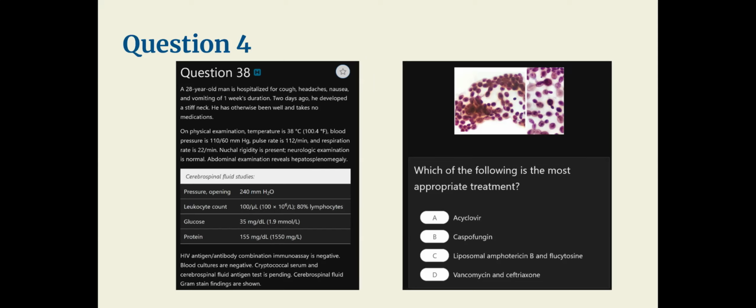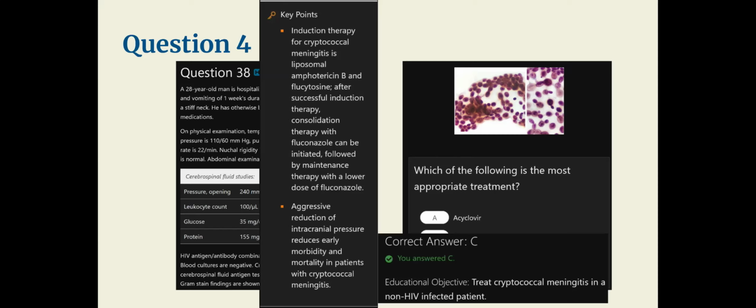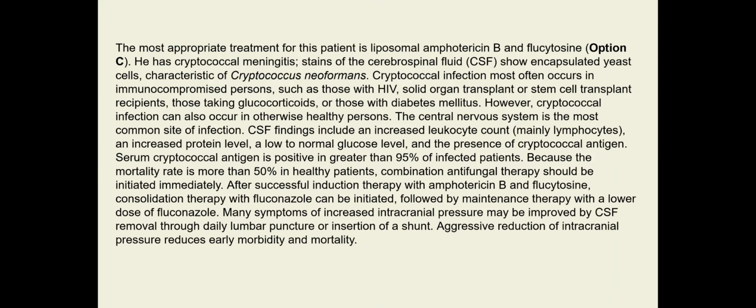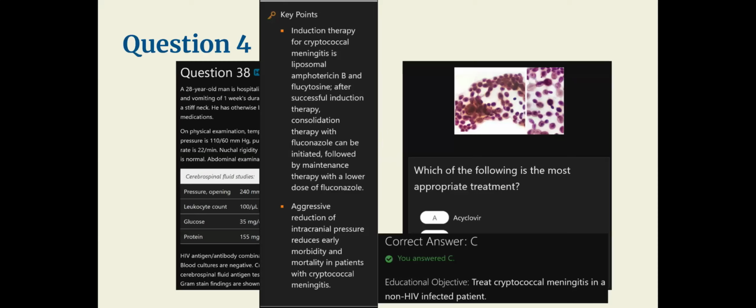Given that we can see clearly on the gram stain the budding yeast, it is most likely to treat with antifungals such as amphotericin B and flucytosine, as this is invasive fungal meningitis. Just a teaching point about the different antifungals. One of the testing boards, they love to ask about mechanism of action.